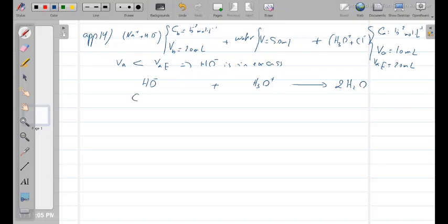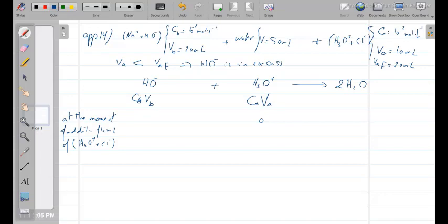We added a number of moles of base introduced in the beaker CBVB, number of moles of HO- introduced. We added number of moles of acid H3O+, CaVa. At the moment of addition of 10 milliliters of hydrochloric acid solution, the H3O+ added is the limiting reactant, nothing remains of it.